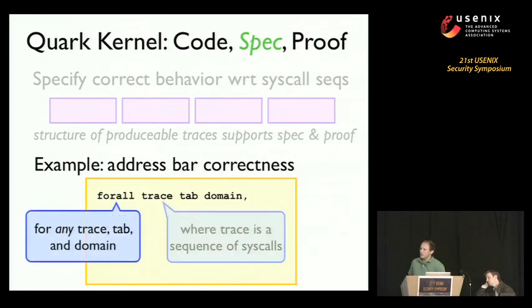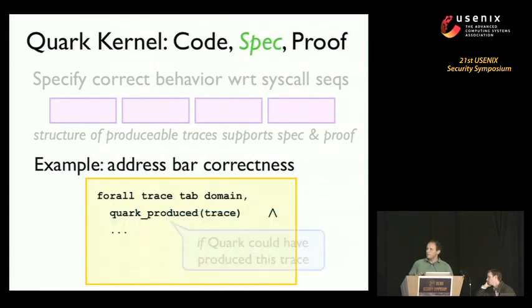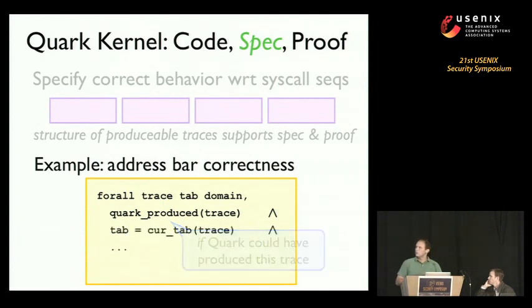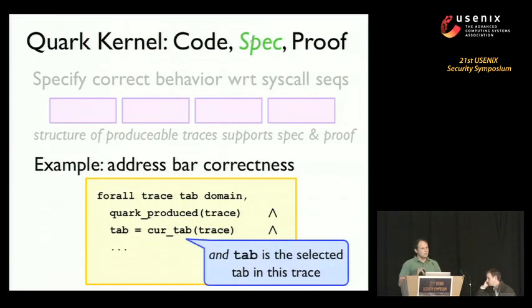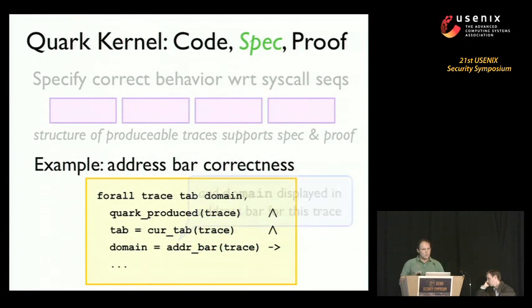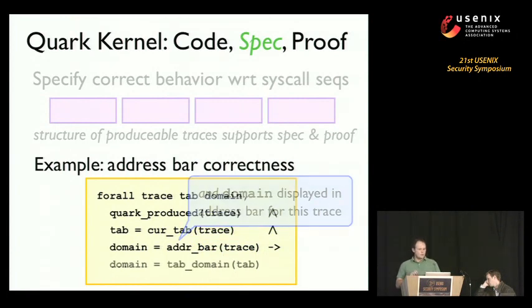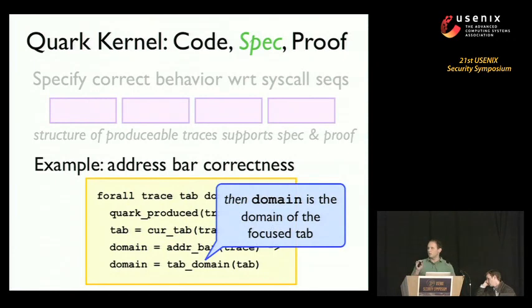So the theorem starts off by saying, for any trace, tab, and domain, where trace is any sequence of system calls, if that sequence of system calls corresponds to a trace that the QUARK kernel could generate, and tab is the focused tab in this trace, and domain is what's being displayed in QUARK's address bar at the moment, then domain is also the domain of the currently focused tab.